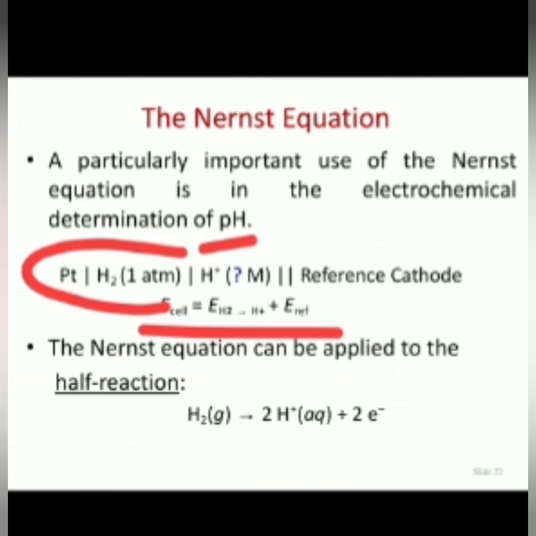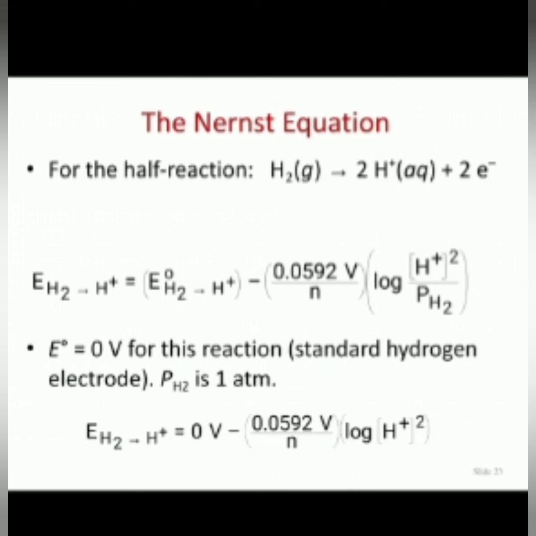The Nernst equation can be applied to the half reaction of hydrogen. The hydrogen gas molecule is converted into two hydrogen ions by giving two electrons. We can write the Nernst equation for this half reaction.